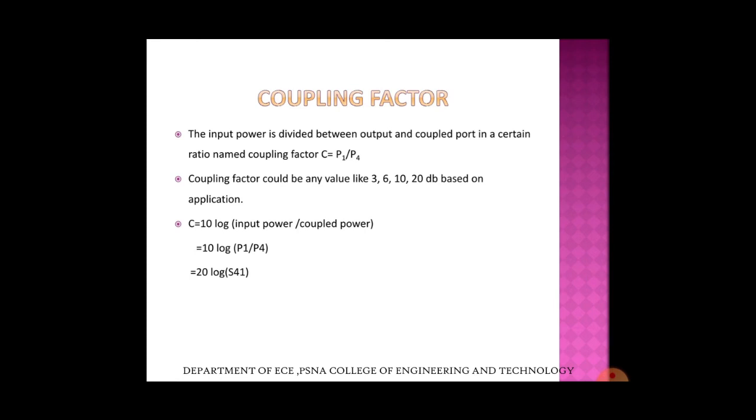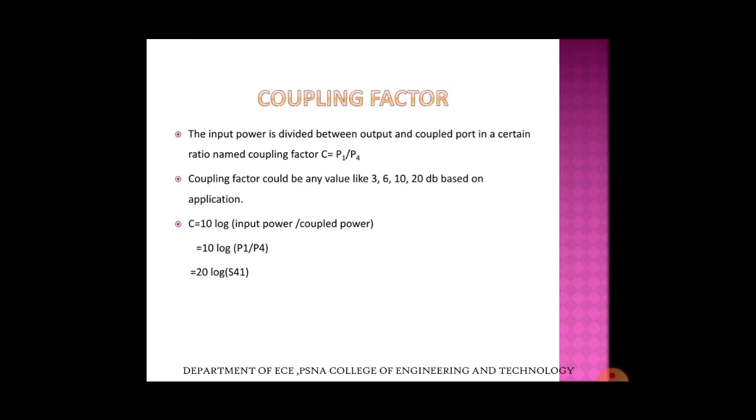Mathematically, C = 10 log of input power by coupled power, which is 20 log of S41. What is this S41? S41 is the S parameter. That is, we are using a 4-port directional coupler. This S41 determines the relation between incident and reflected wave.